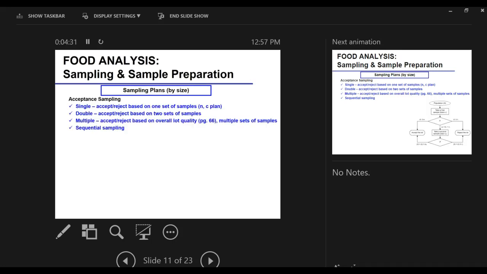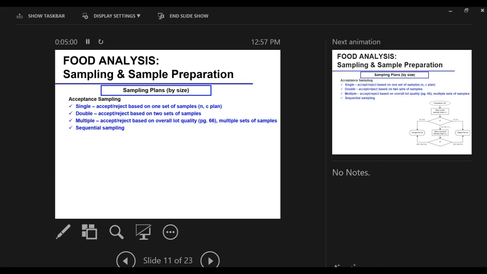Okay. So in order to accept or reject a certain lot, you go by sampling, and there are different sampling sizes. So you go with a single sampling plan. That means you take one set of samples from your population. N is the number of samples you pull out, and C is the number of units that are defective.